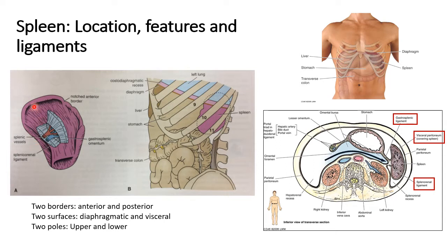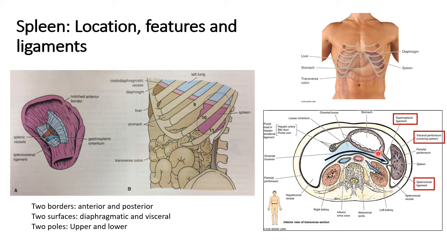It has two poles, this is the upper pole and that's the lower pole, and it has two surfaces. This is the surface which is facing medially. We call it the visceral surface because it's related to other viscera, and the other surface, this one, is called the diaphragmatic surface. So two borders, two surfaces, and two poles.